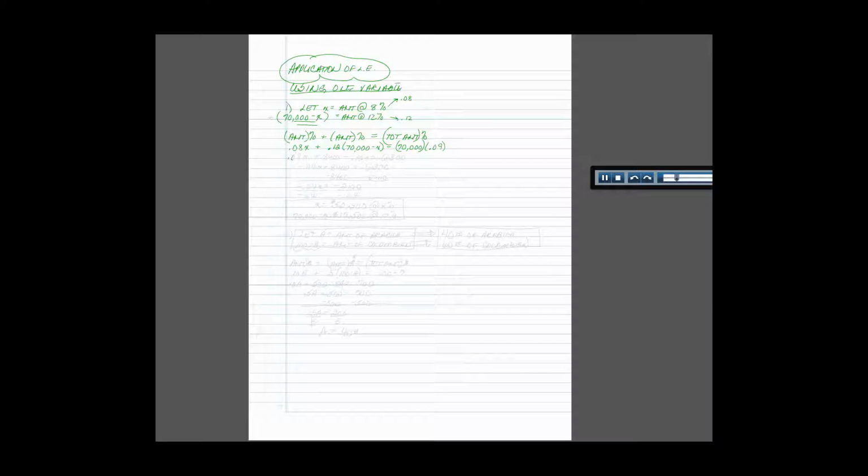Let's go ahead and distribute: 0.08x, 0.12 times 70,000, do that on a calculator and you get 8,400. Distribute again, minus 0.12x equals, multiply this side out and you get 6,300.